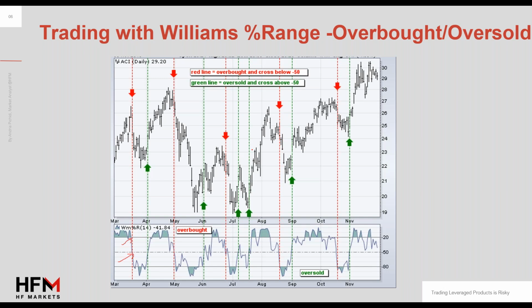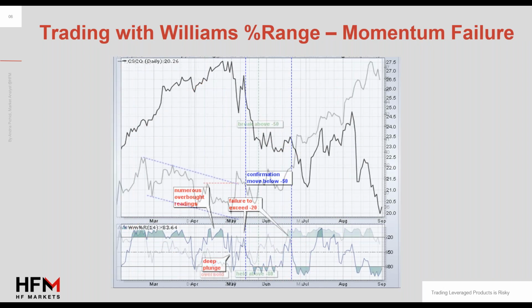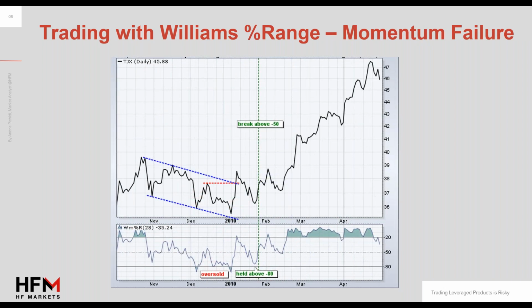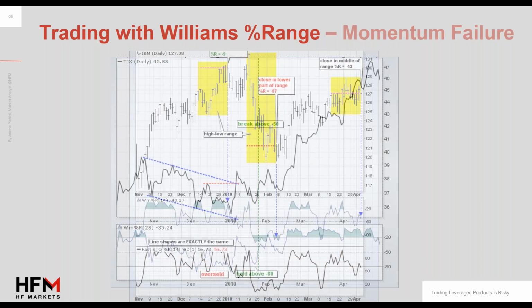Okay, so -50 could be useful for opening a position in case you have missed the beginning of the trend, or to add to your existing position.